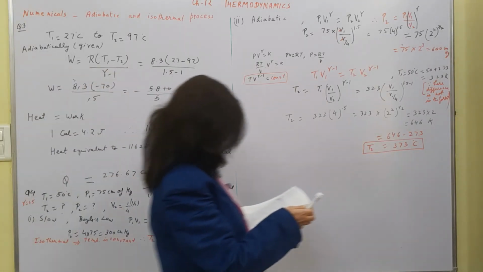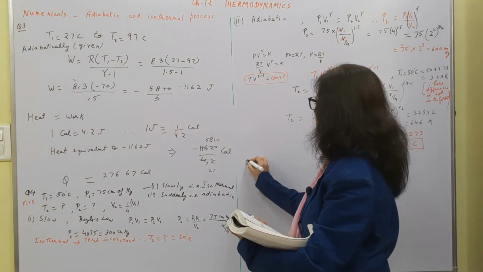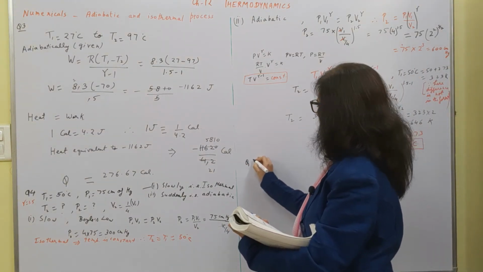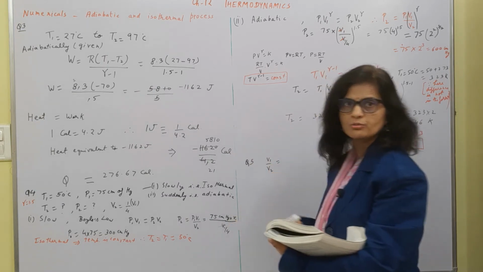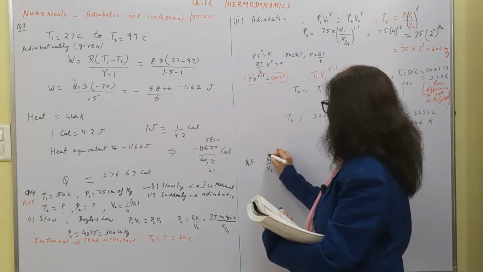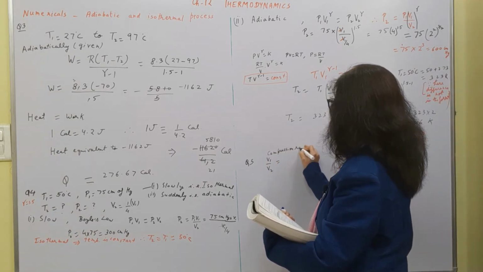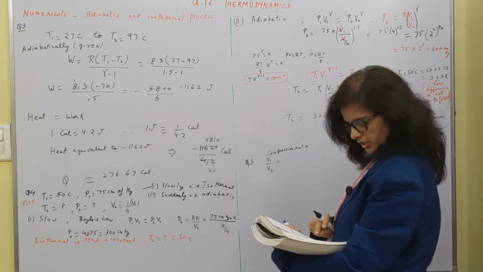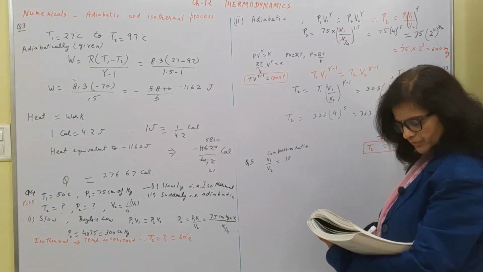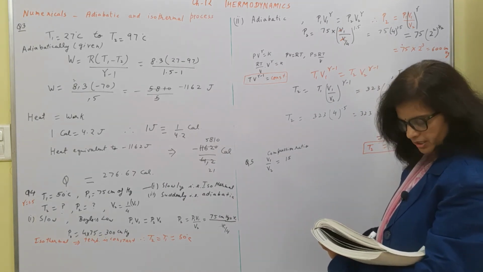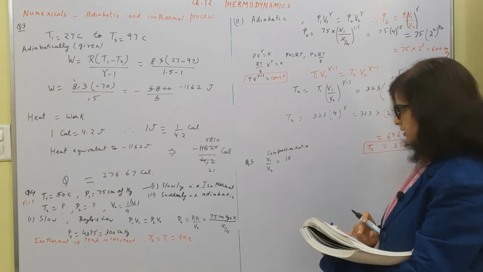The compression ratio of a certain diesel engine is 15. If compression ratio is discussed, that means V1 upon V2, how much it is compressed with respect to the initial. So this is compression ratio, given as 15. That means the ratio of V1 and V2 is given. This means that air in the cylinder is compressed to 1 by 15 of the initial volume. They have explained this also.